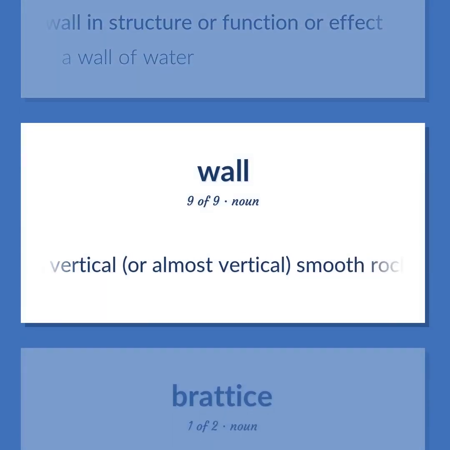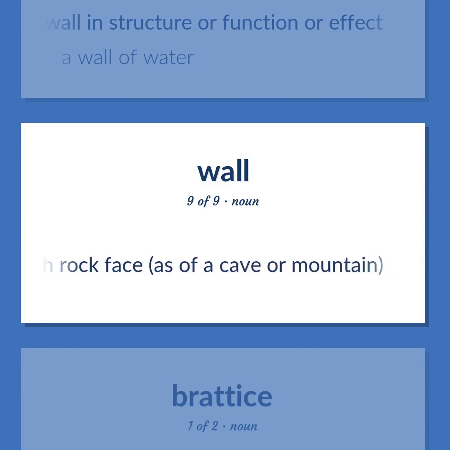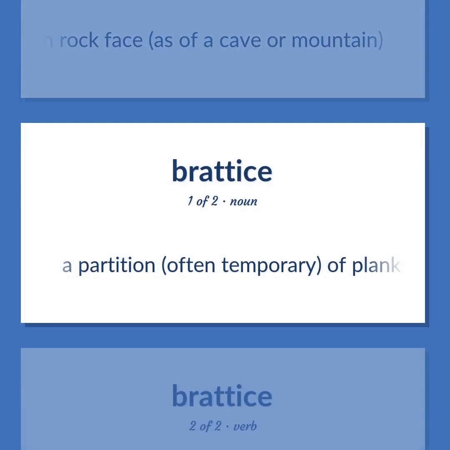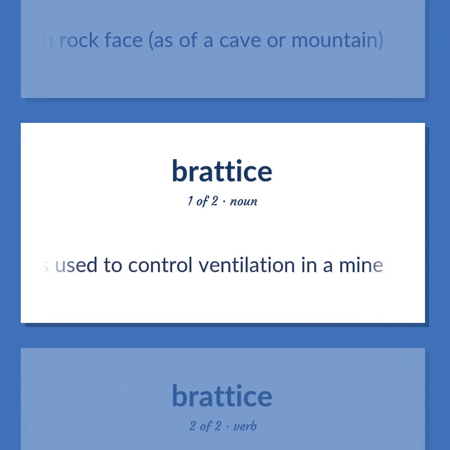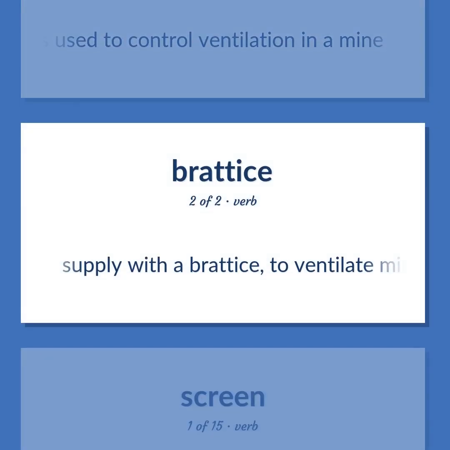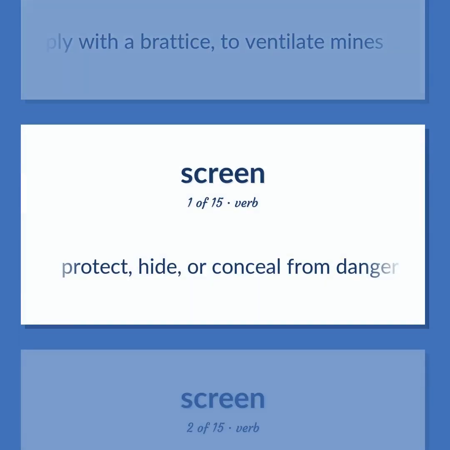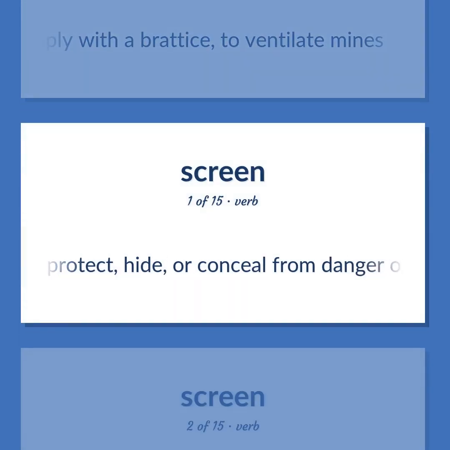A vertical, or almost vertical, smooth rock face, as of a cave or mountain. A partition, often temporary, of planks or cloth that is used to control ventilation in a mine. Supply with apparatus, to ventilate mines.